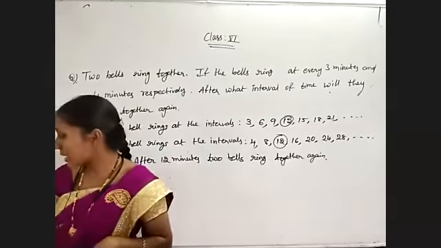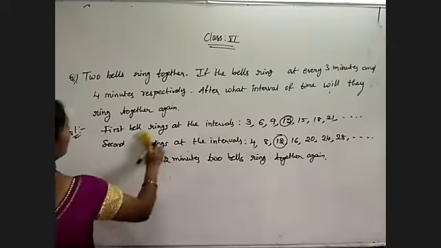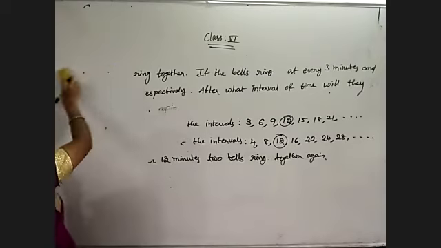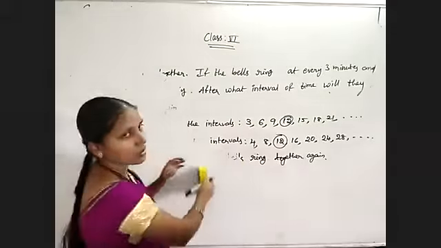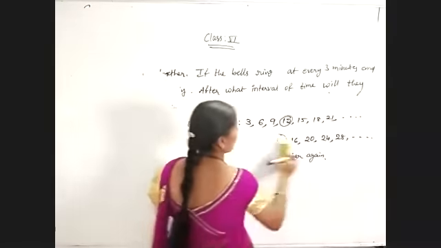Now coming to the next topic. So this is our new topic, relationship between LCM and HCF. So from here till here we have studied what are the divisibility rules of different numbers. We will list once.